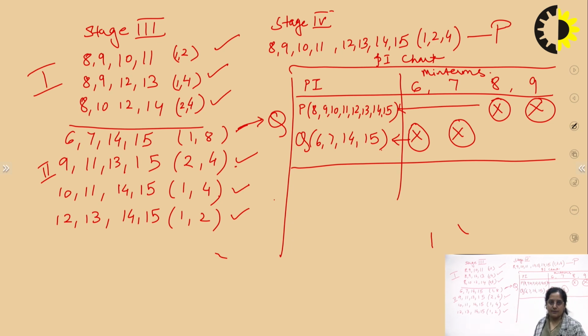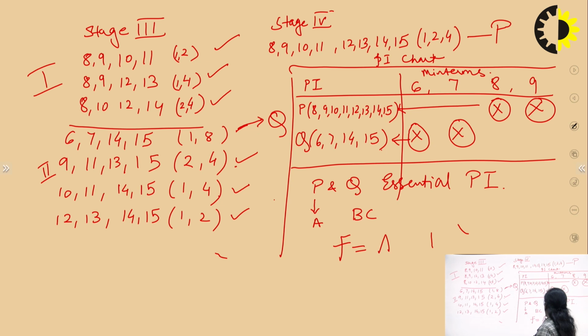In this example, 2 circles belong to Q and 2 circles belong to P. So P and Q both are essential prime implicants. It means these 2 prime implicants must be there in our minimized Boolean expression. We write P as A and Q as BC.